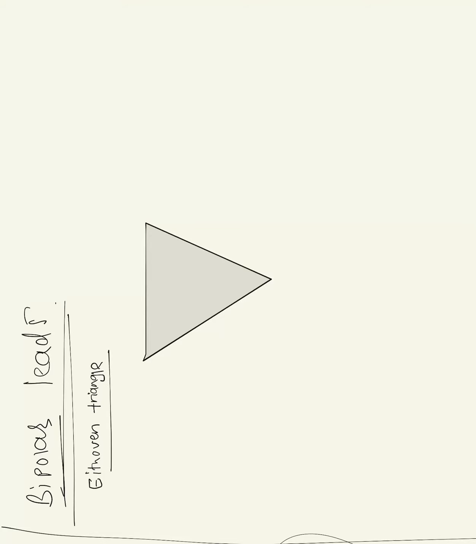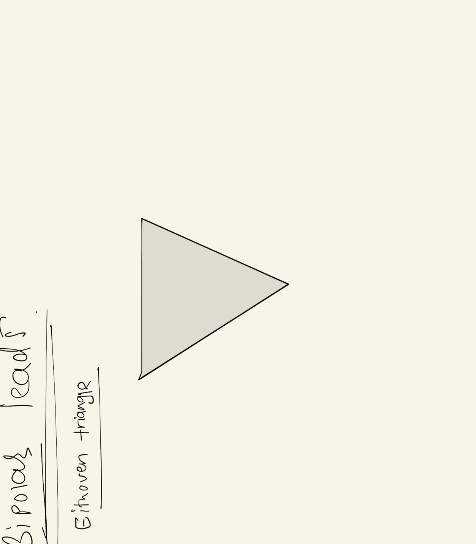So this is your left arm. This is your right arm. And this is your left foot. Right? So this is the Einthoven triangle.